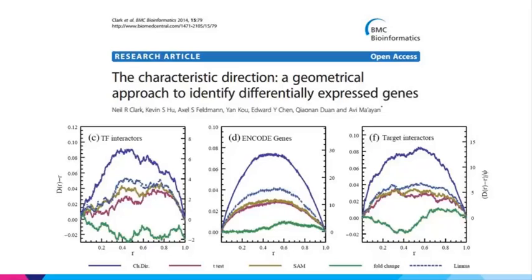This method significantly improves on all popular methods for identifying differentially expressed genes from microarray or RNA-seq studies. Neil Clark will describe in 4 lectures all the inner workings of this method, and then how we benchmark this method against the existing popular methods to identify differentially expressed genes.